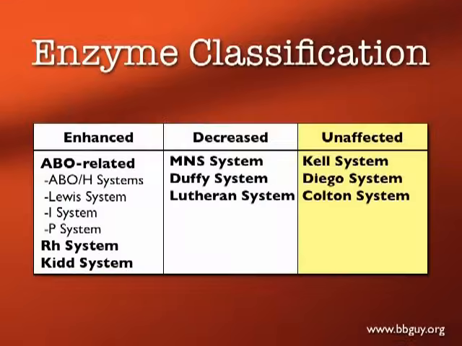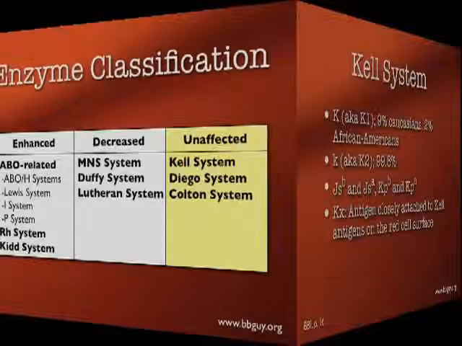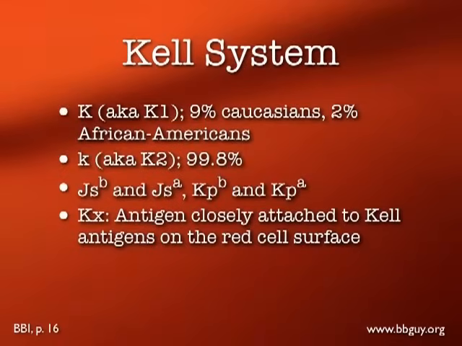Let's move on to the enzyme unaffected systems, and we'll spend most of our time here on Kel, a little bit on Diego and Colton. So you use proteolytic enzymes on these red cells, and it doesn't have any effect. With the Kel system, two main antigens, multiple other antigens, but the two main antigens are big K and little k. Big K is also known as K1.